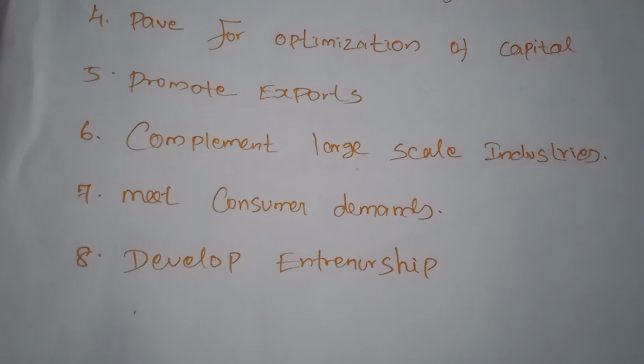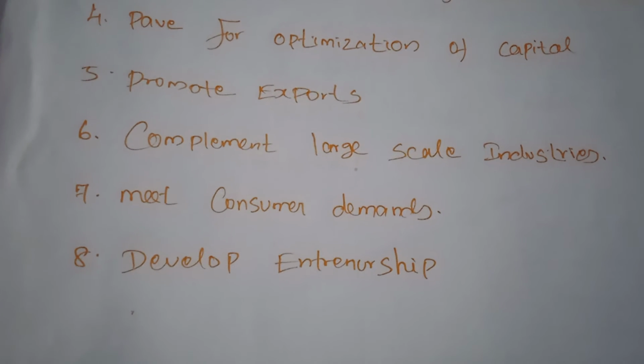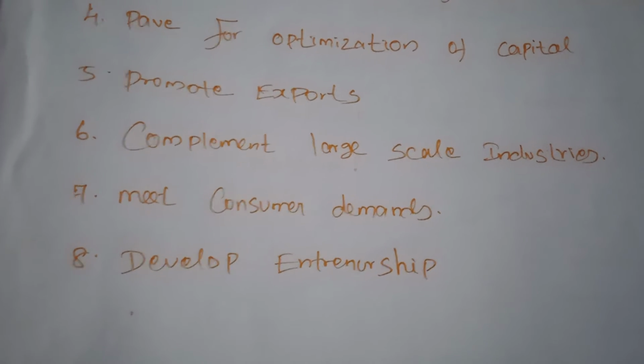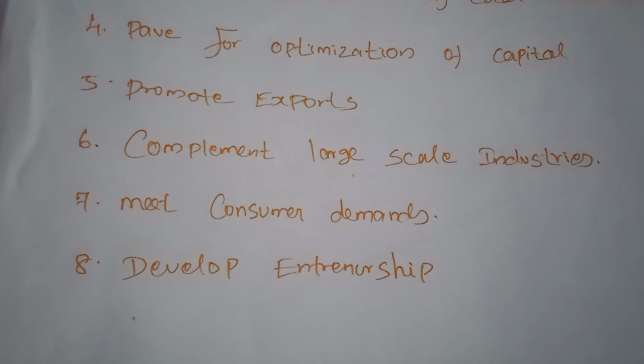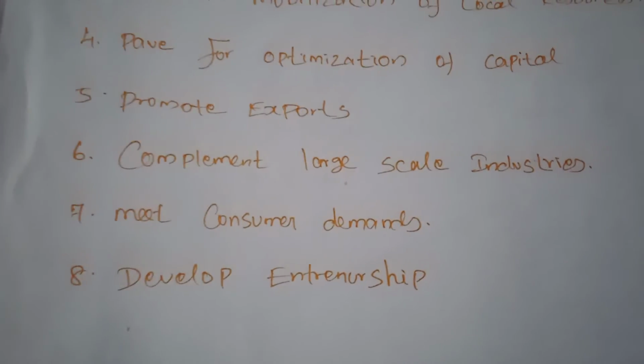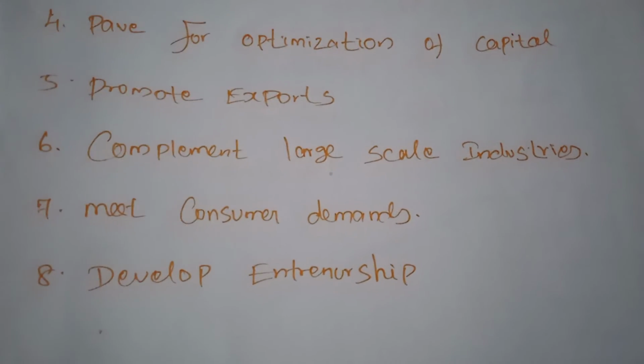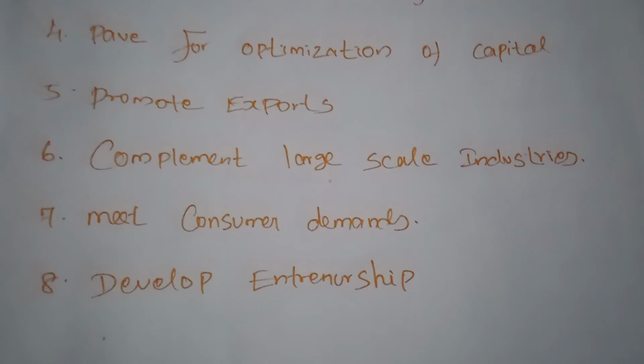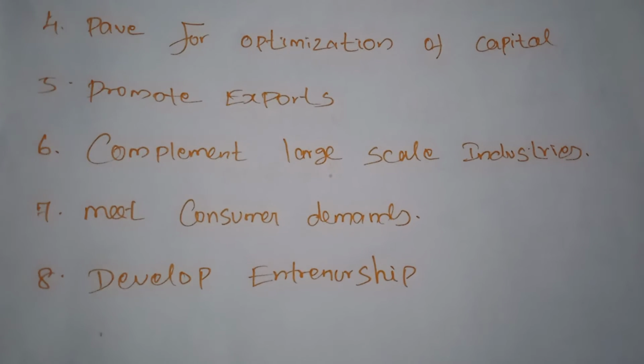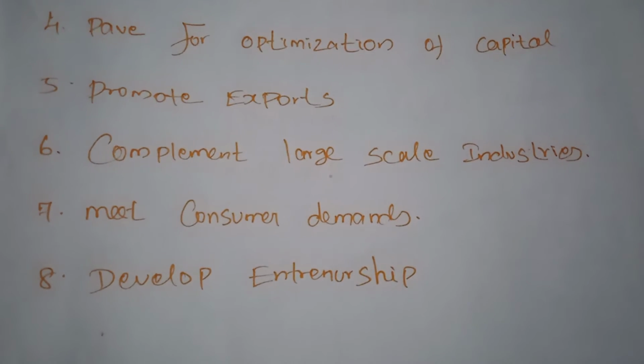But if the commodities want to get a marketplace in our nation, advertisement is very important. The large scale industries do just that. They will spend more to expose their products through advertisement.